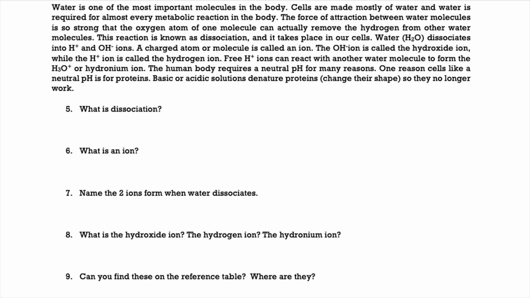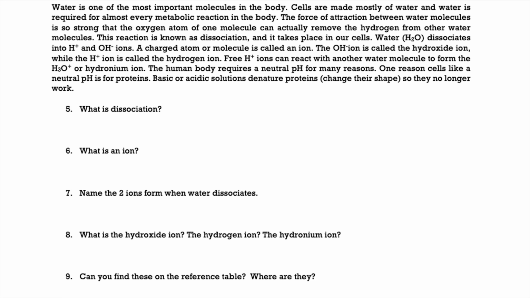Next section. Water is one of the most important molecules in the body. Cells are made mostly of water, and water is required for almost every metabolic reaction in the body. The force of attraction between water and molecules is so strong that the oxygen atom of one molecule can actually remove the hydrogen from another water molecule. This reaction is known as dissociation. This takes place in our cells. Water, H2O, dissociates into H+ and OH- ions.